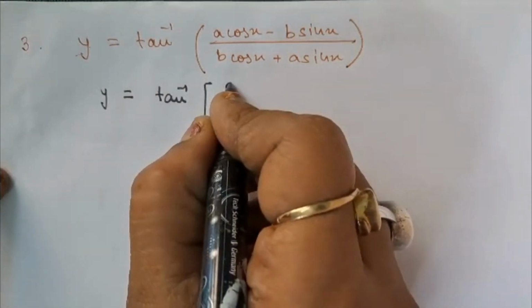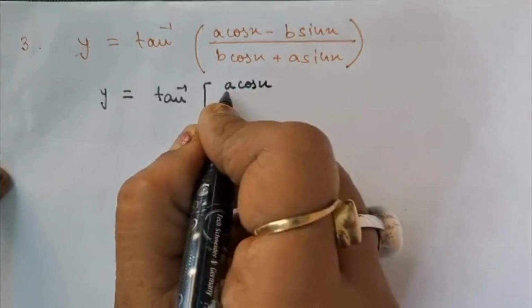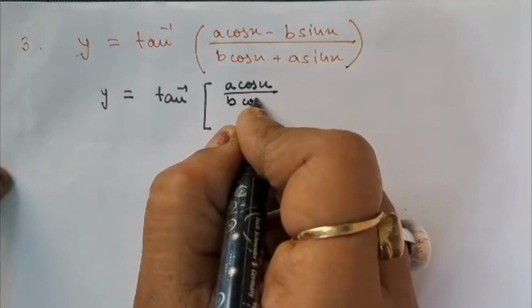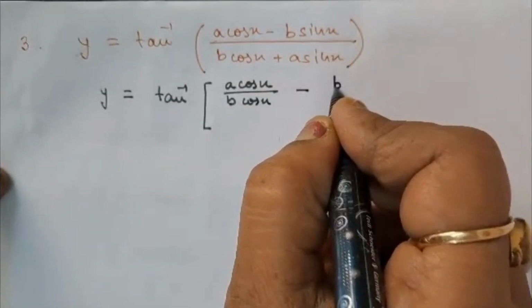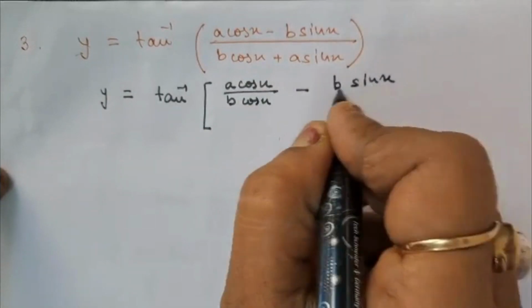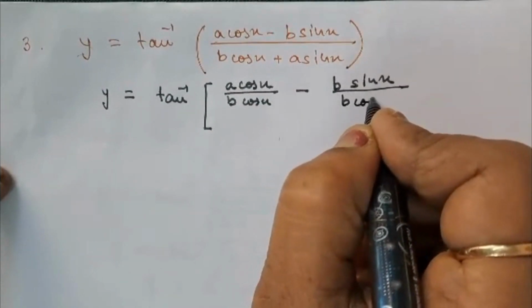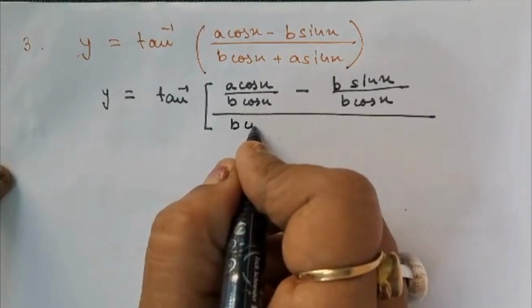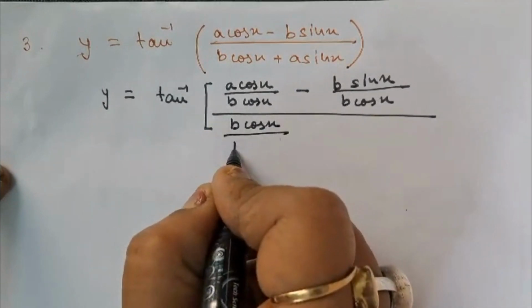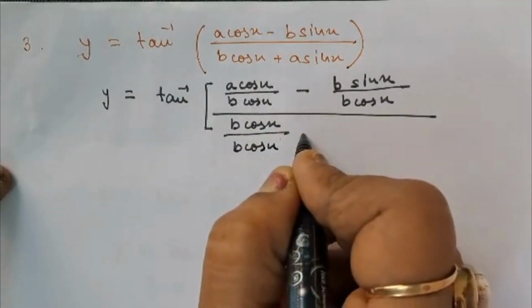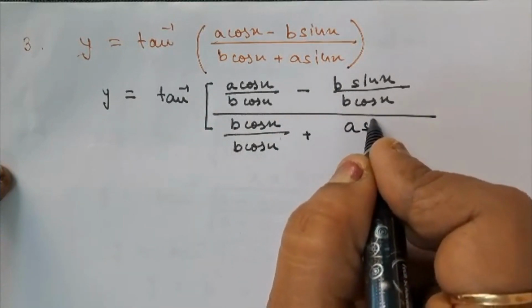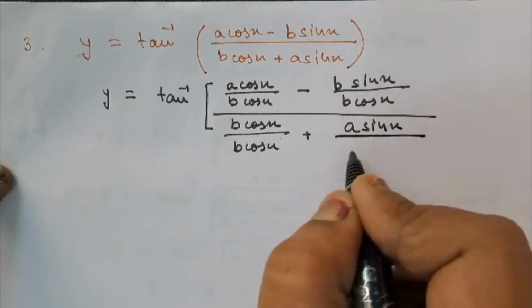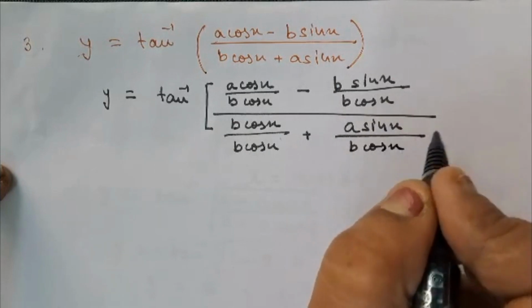So then what I will get, a cos x by b cos x minus b sin x by b cos x whole by b cos x by b cos x plus a sin x by b cos x.